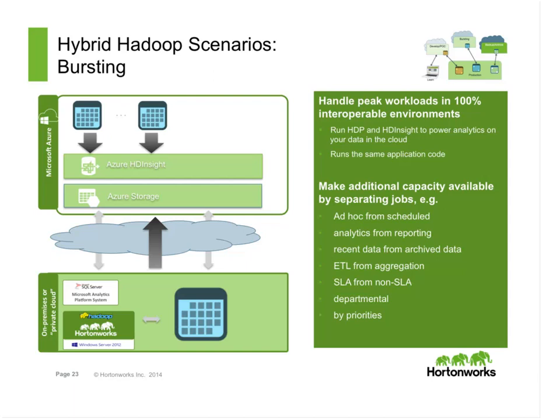But we equally see people saying the ad hoc work tends to be long tail, so we're going to leave that all on the on-premises cluster, and the work for the end of the month or the end of the quarter can easily be done in the cloud with a little bit of data movement beforehand.